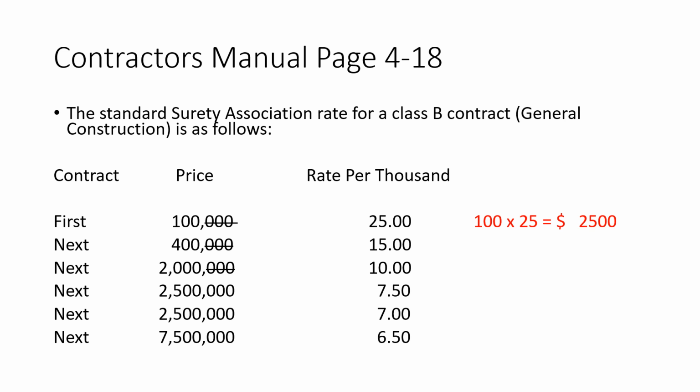So if we're not super comfortable with doing this, understand it's 100,000, so it's 100 times 25. We can just cross out 3 zeros, and that tells us how many thousands it is. So it's 100 times 25. The first $100,000 of that contract, the bond costs us $2,500.